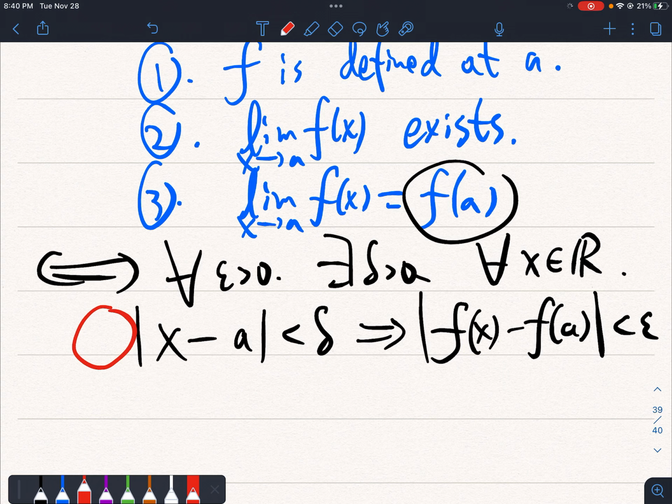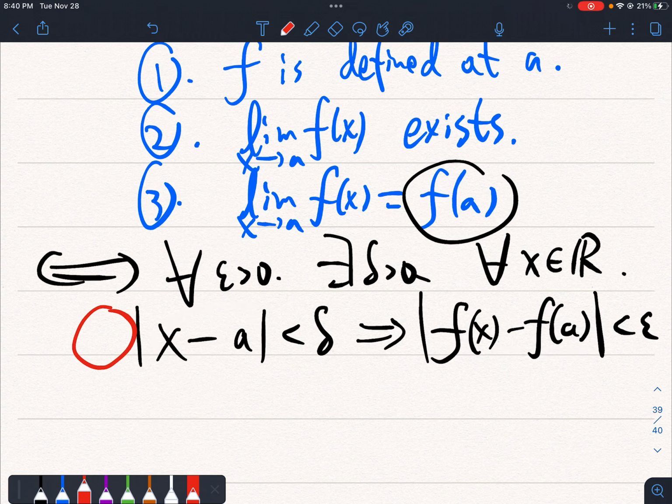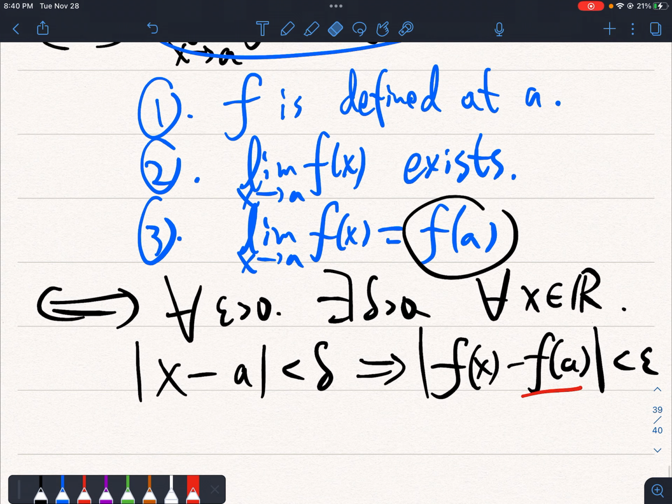First, you don't need the bigger than 0 condition anymore, because even when x is equal to a, this is clearly 0, so this is clearly true, which means you can remove the bigger than 0 condition. And the second thing is that this cannot be any real number L. It has to be f of a, because this limit has to be f of a.